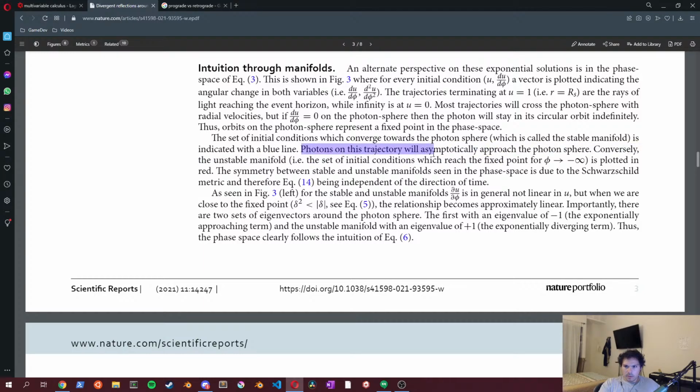Photons on the trajectory will asymptotically approach the photon sphere. So asymptotically means it takes forever. Conversely, in the unstable manifold, you get there, but it takes forever.